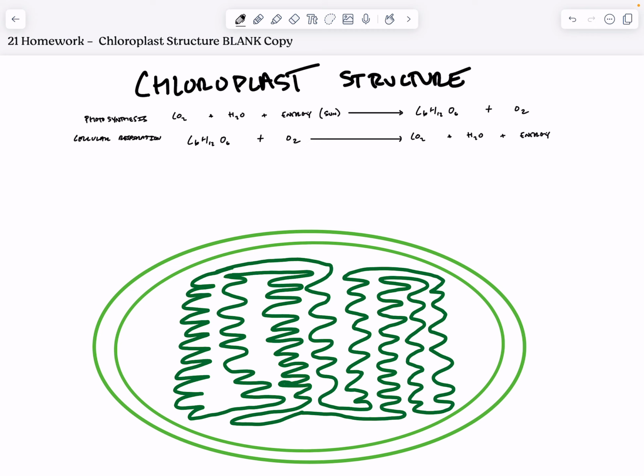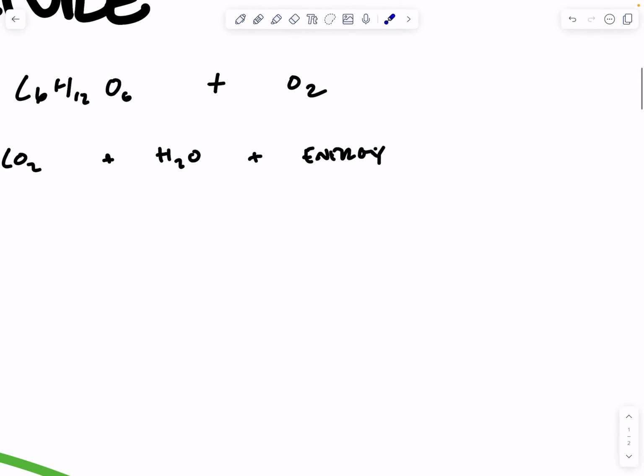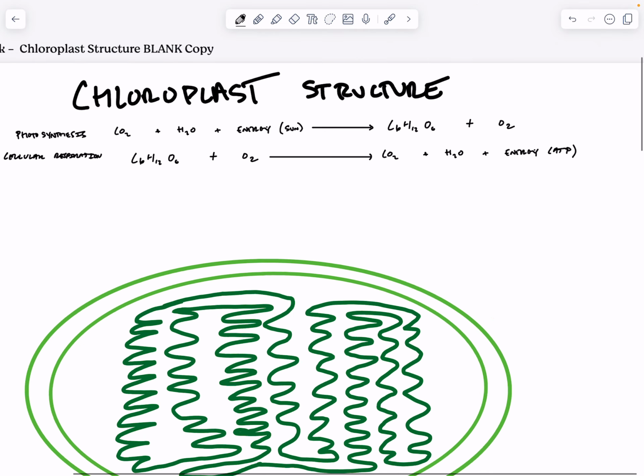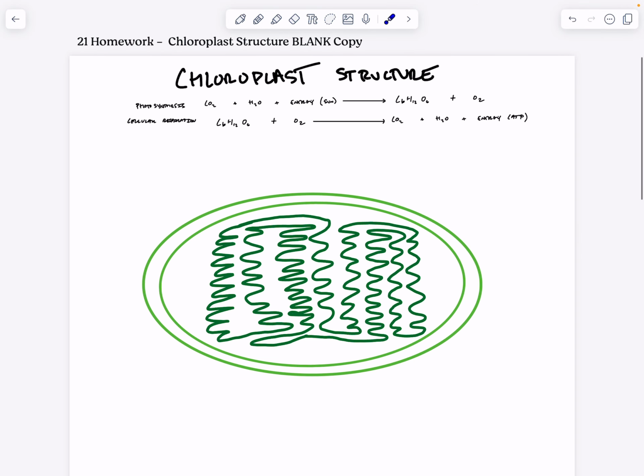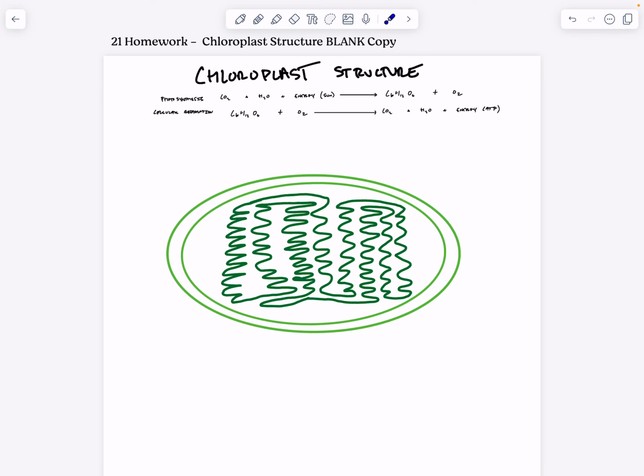So we start out with glucose and oxygen, and we combust glucose with oxygen, and we form CO2 and water, and then we release energy. So energy is a product rather than a reactant. We store it in ATP, and ultimately it's released as heat. These are the two overall, unbalanced chemical equations for these two reactions.